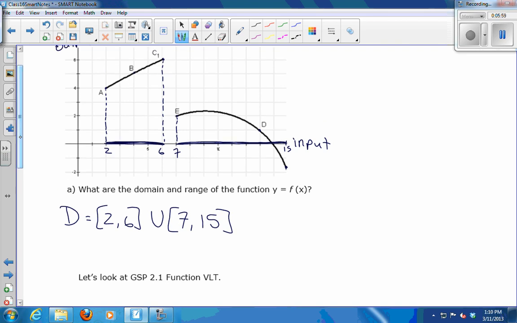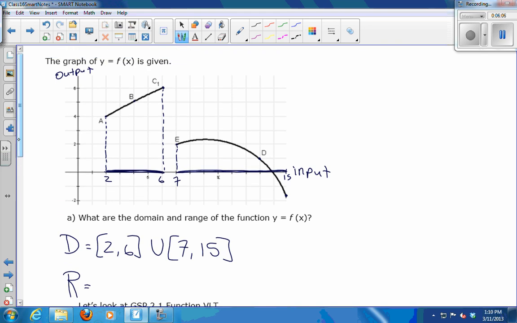Now I'm going to find the set of y values where my function lives, because that's my range. So for this little piece up here, this A to C part, what's the smallest y value and the biggest y value? 4 to 6. So we just go over to the left and we say, well, this piece of my graph lives on y values from 4 to 6. And then this other curvy part, the smallest y value is down here. Looks like, I don't know, negative 1.8.